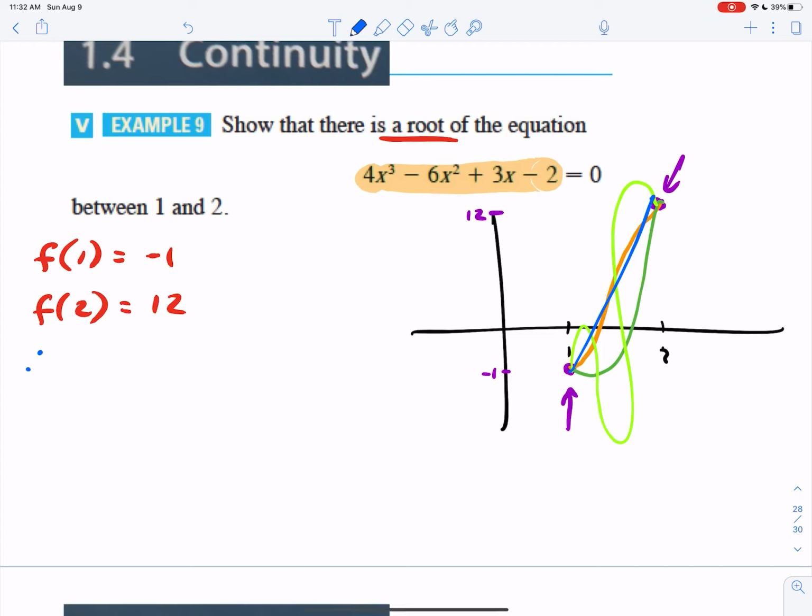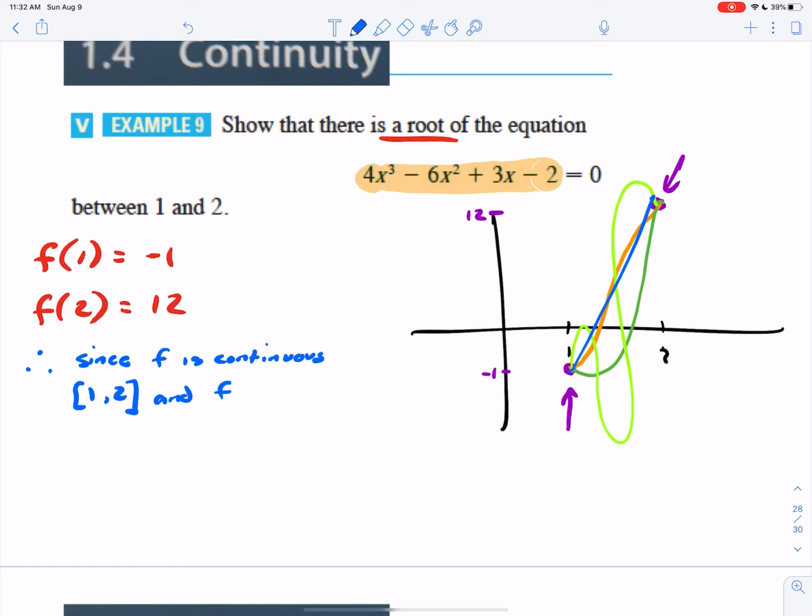So, here's how you guys would write it. Since f is continuous from 1 to 2. It's really all real numbers, but from 1 to 2.